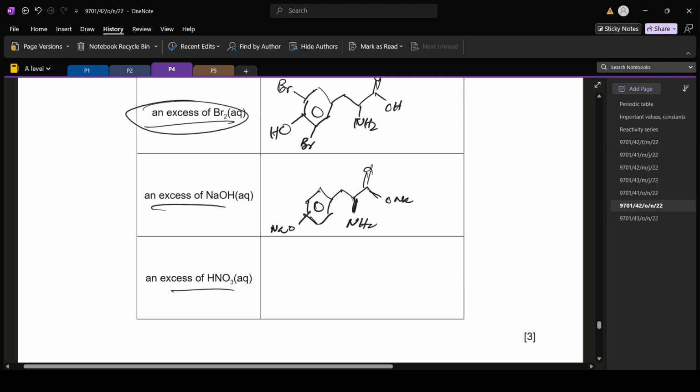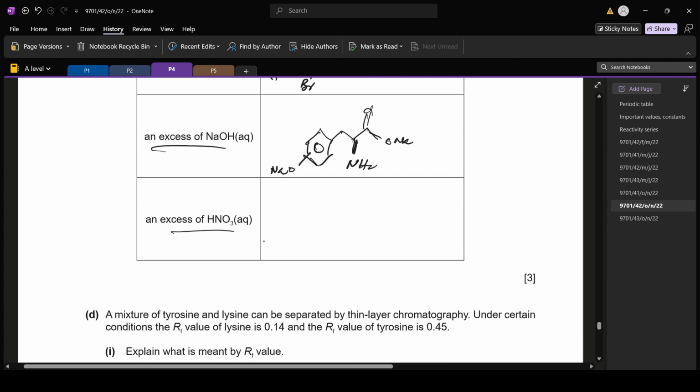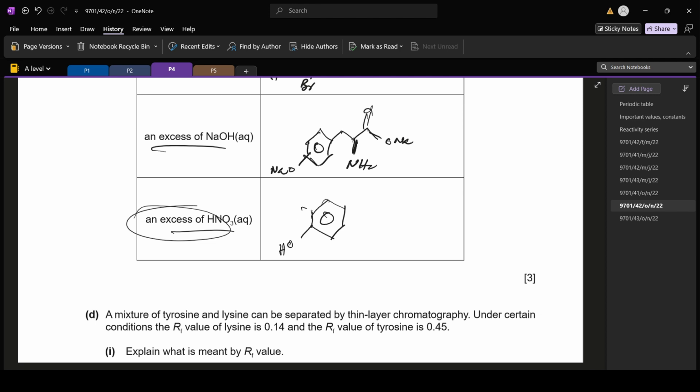Now, when it reacts with an excess of nitric acid, the nitro group will be attached at 2, 4, and 6 positions, but 4 position is already occupied. So nitro group at 2 and 6 position. Okay. So these are your structures.